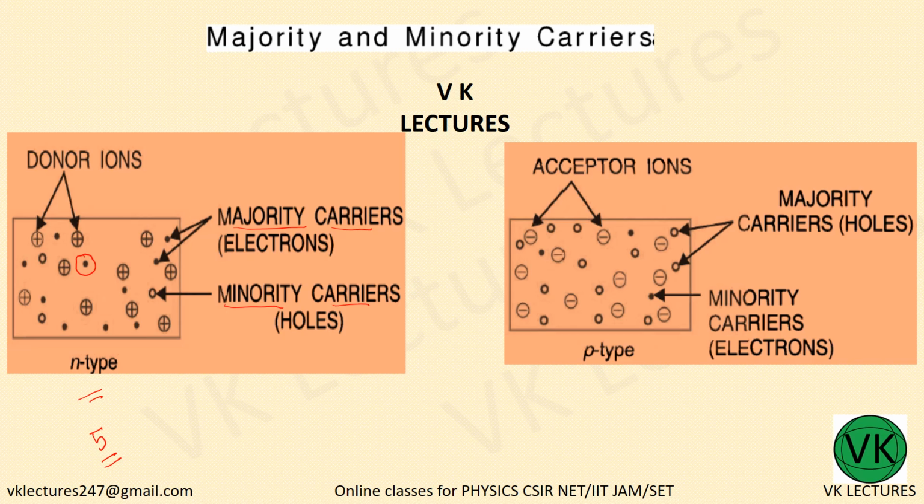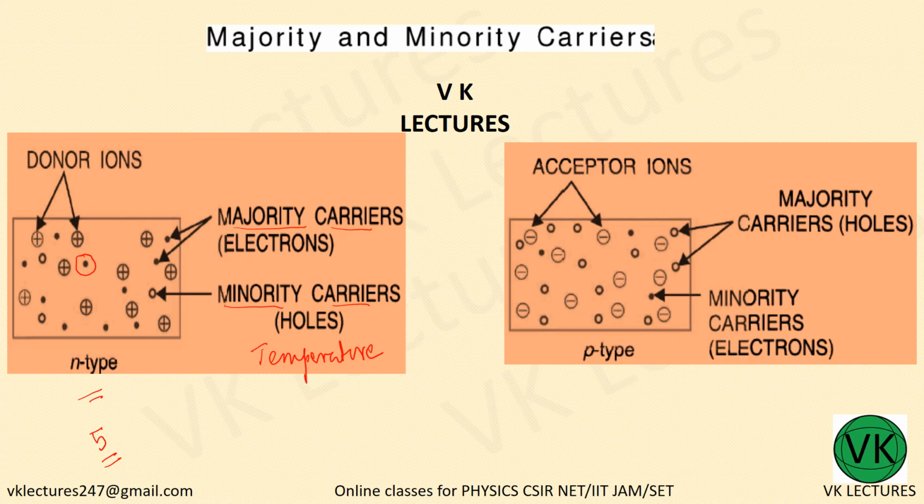These minority carriers occur due to temperature only. At absolute zero temperature, there won't be any minority carriers. They exist due to temperature; it's a function of temperature.